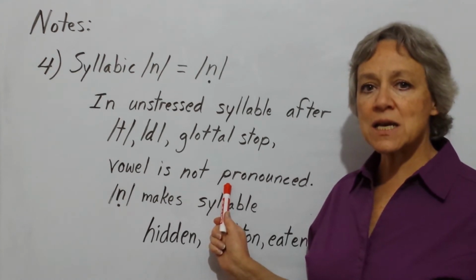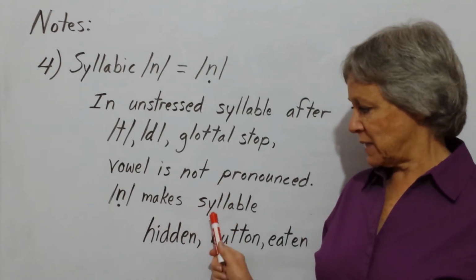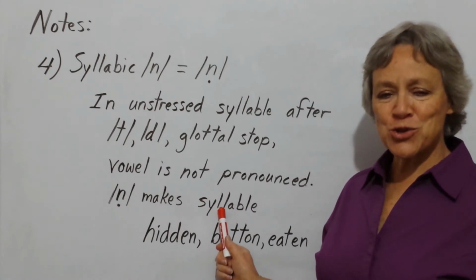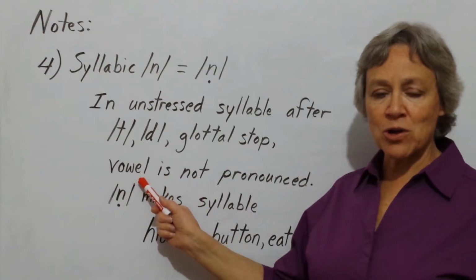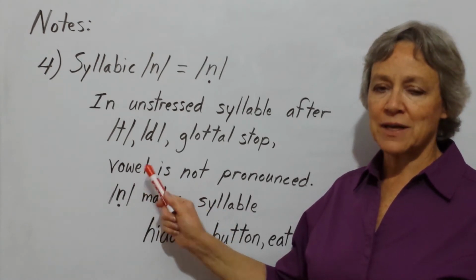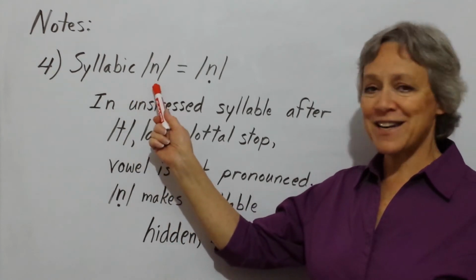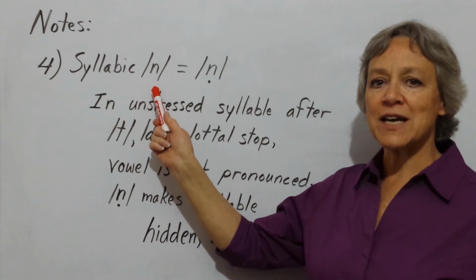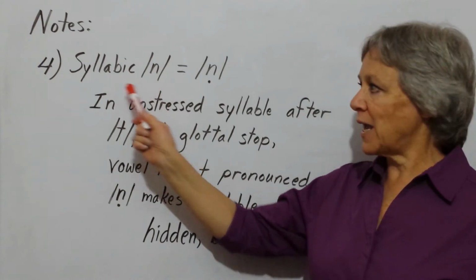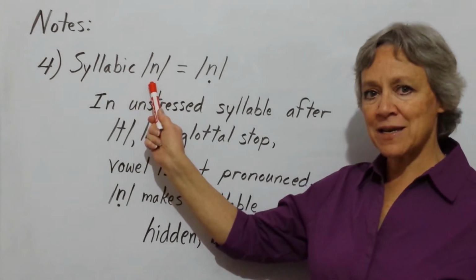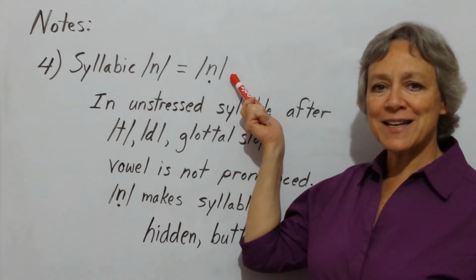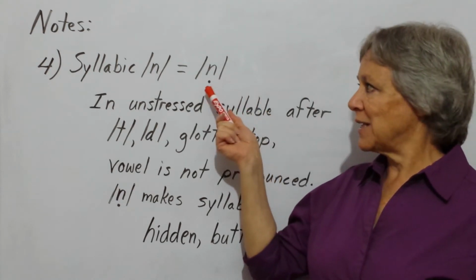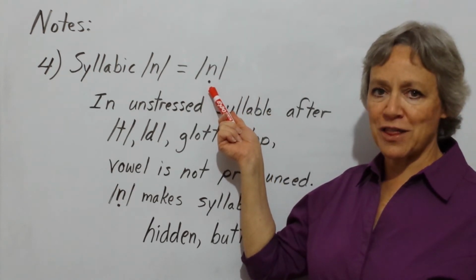So the N sound makes a syllable. Usually you need a vowel to make a syllable. In syllabic N, we don't hear a vowel sound. We only hear the N sound. And this syllabic N is represented with the N symbol with a dot underneath.